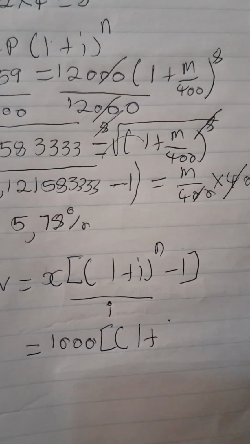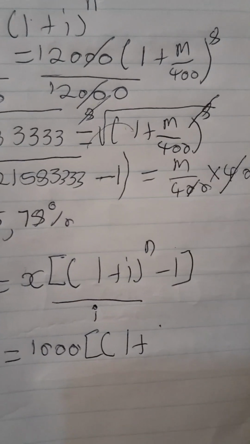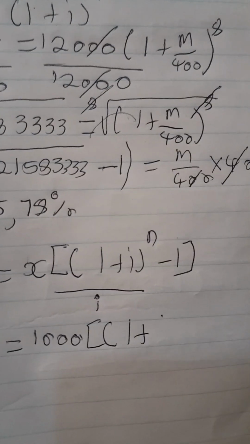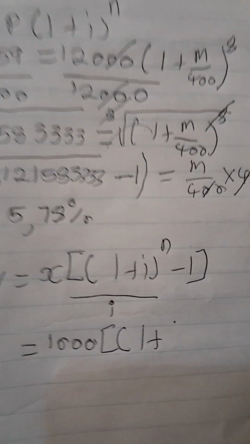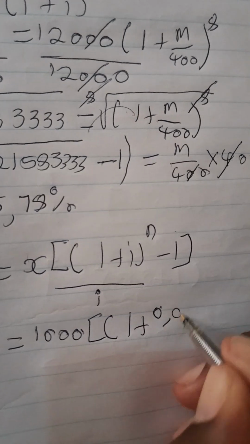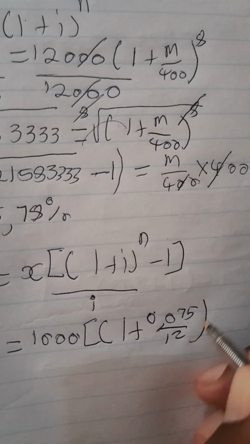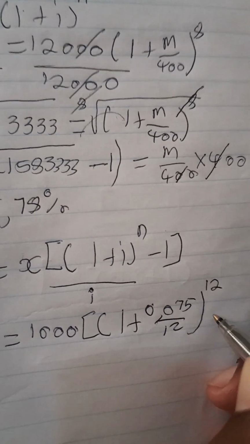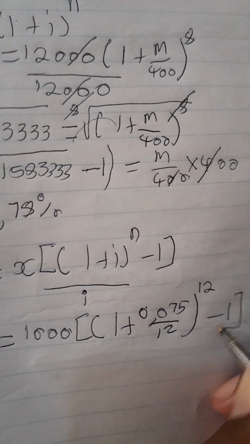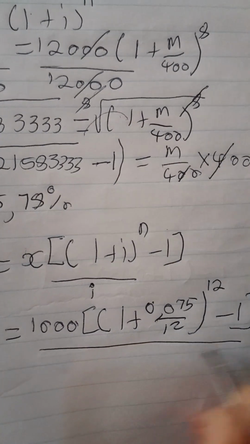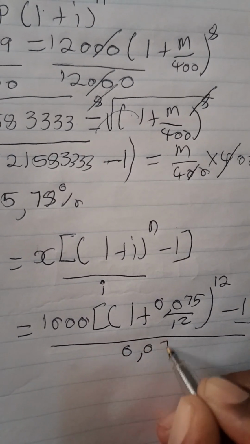That was 7.5%, so 7.5 divided by 100 gives you 0.075, divided by 12, since it's compounded monthly, for a period of 12 months. So our i is 0.075 divided by 12.